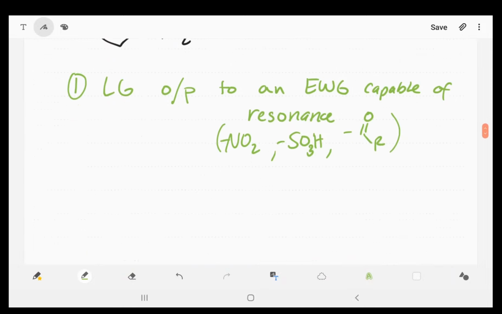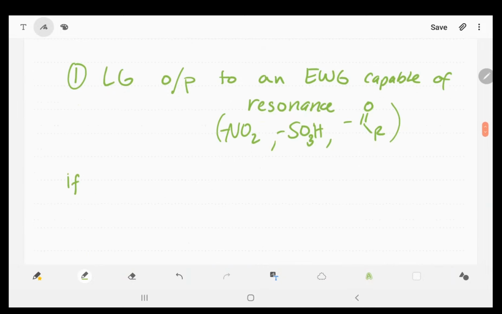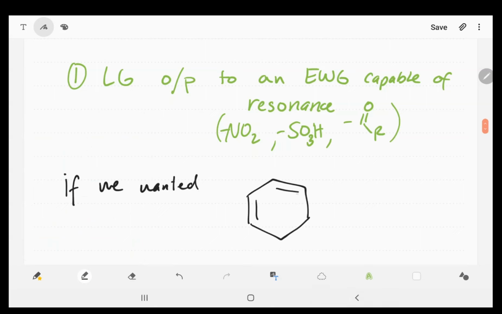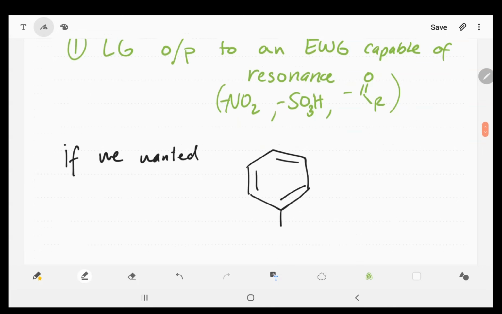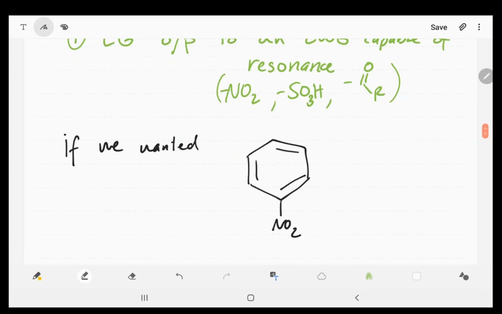So if we wanted to make this thing, starting at benzene, wow, that's ugly benzene.